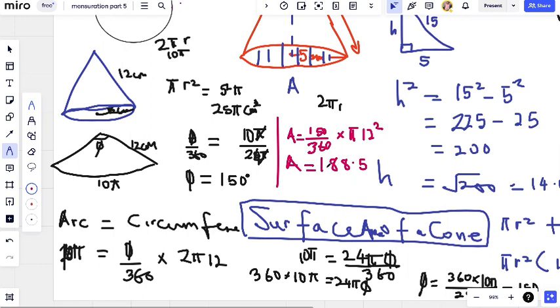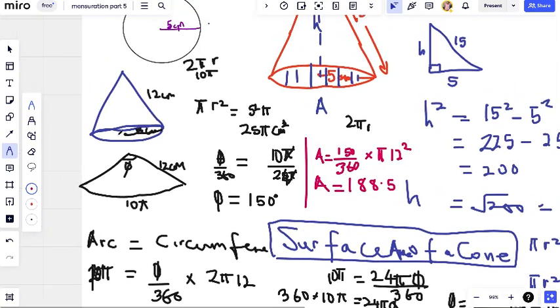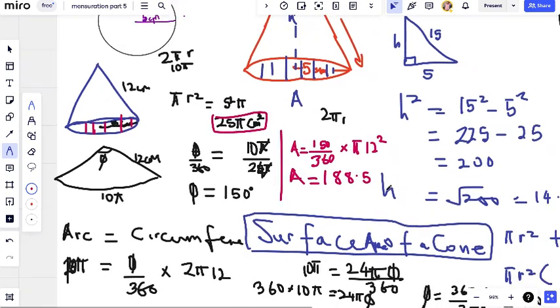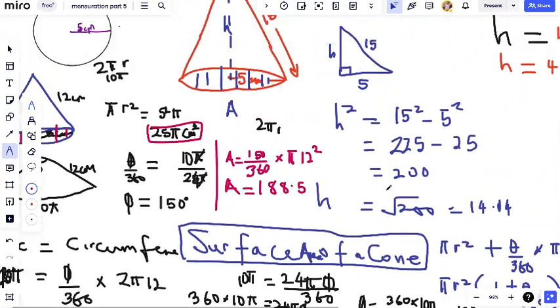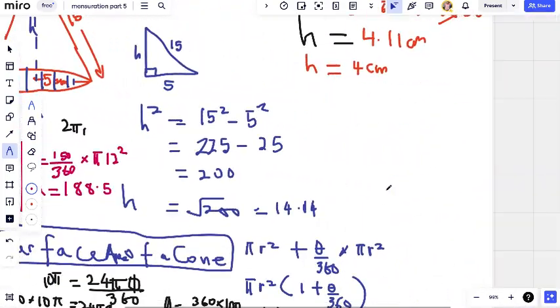So now, the total surface area is the area of this circular base, which is 25 pi, the one we got at the beginning, plus the area of the curved body. The curved body is the same as the sector, and we calculated the area of the sector. This 188.5 is the same as 60 pi.